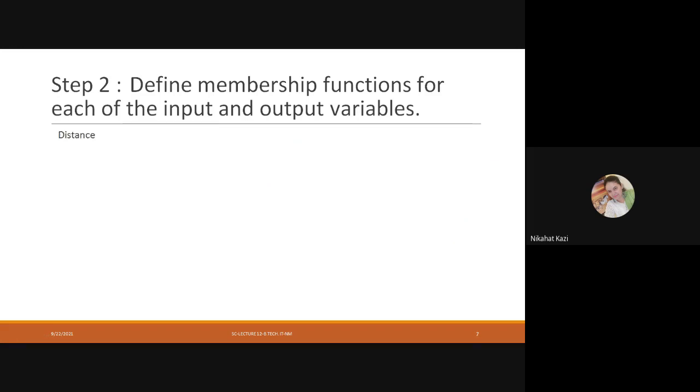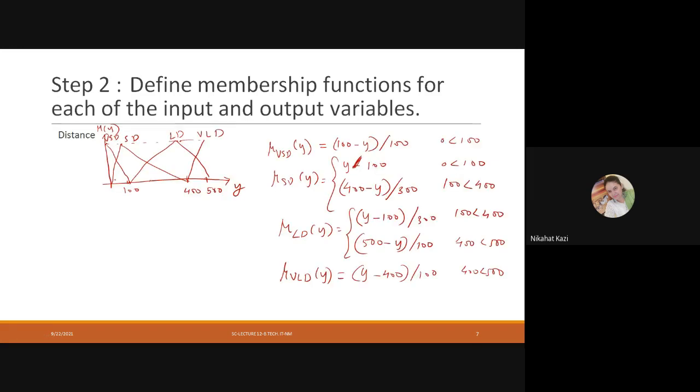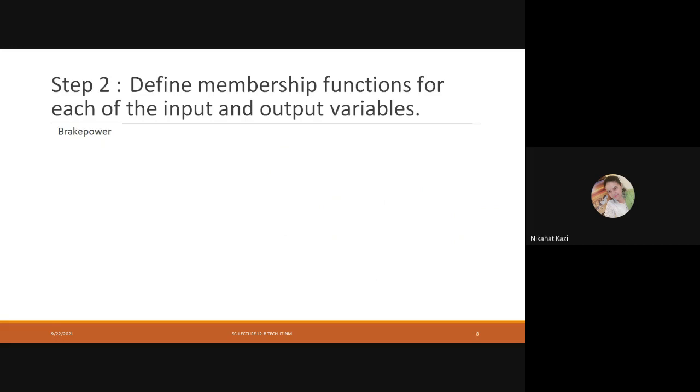Similarly, we have to define the functions for brake power. Again, four functions are there, similar to that only. So let us assume the ranges. We had assumed 0 to 100 as the range, in terms of percentage.